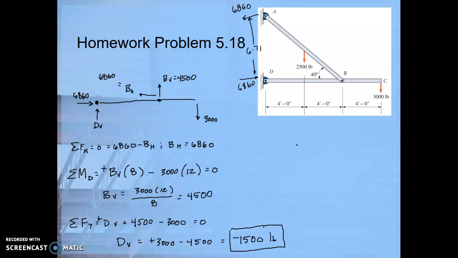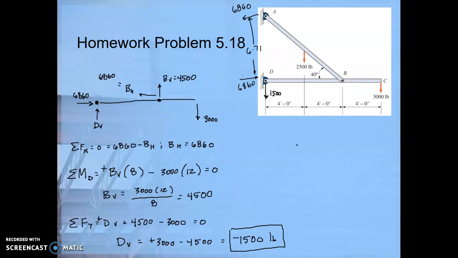This is the first instance where, like I said, if you guess that the reaction force here was going up and you solve for it and you actually find it's not, you get a negative answer, it's still 1,500. All that means is we weren't correct about the sense. It actually is going down 1,500 pounds.